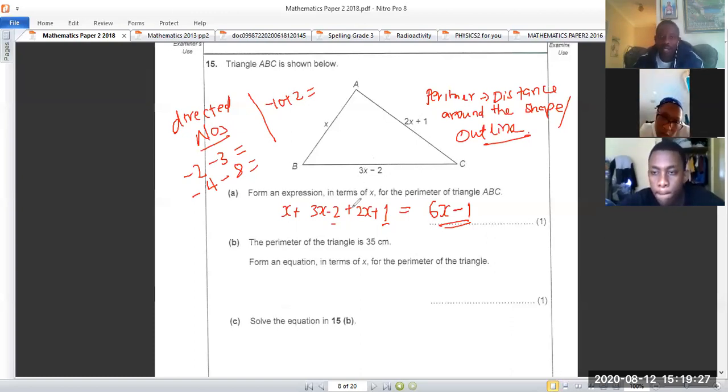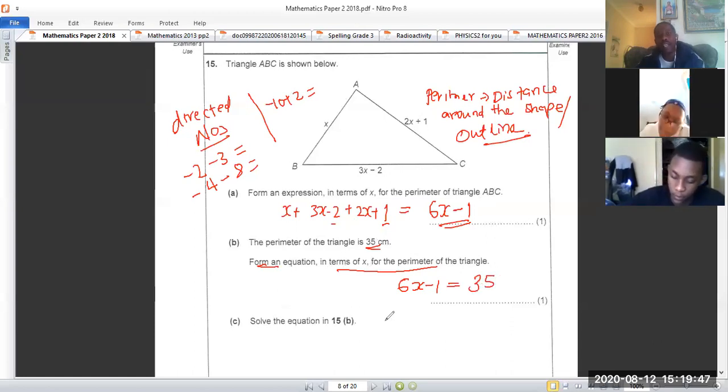Now the perimeter is 35. So form an equation in terms of that. They're just saying to form an equation, so we follow instructions. So we have 6x minus 1 is equal to 35.